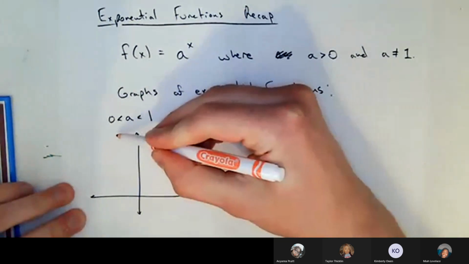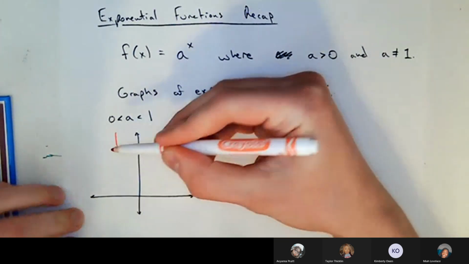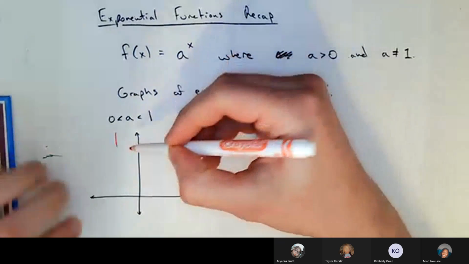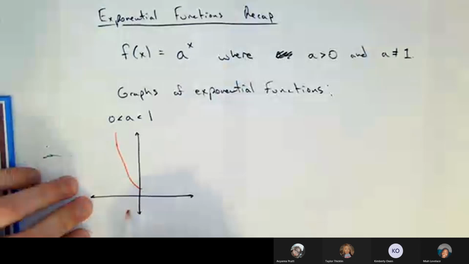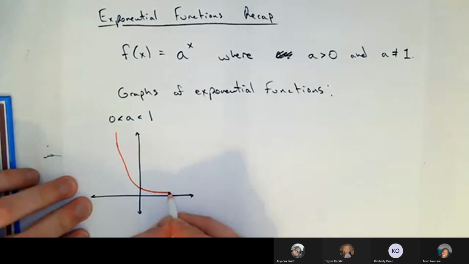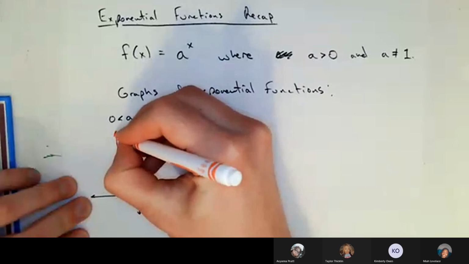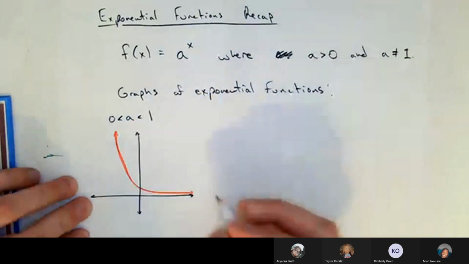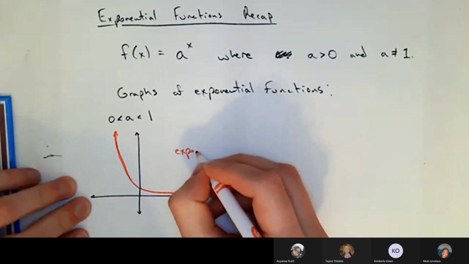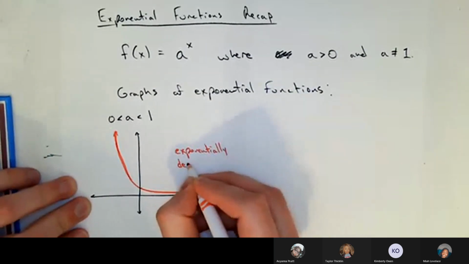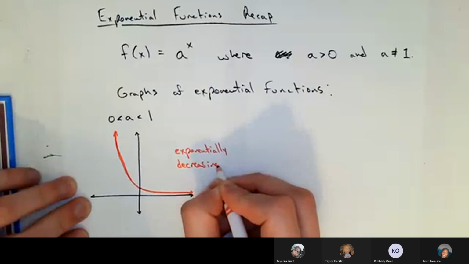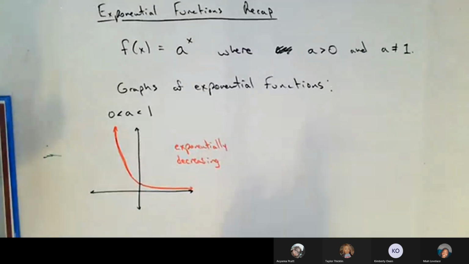They start super high, approaching infinity in the second quadrant, come down, go through that 0, 1 spot, and then tend down to 0 as x gets larger. You might even hear this phrase out of math class: something that's exponentially decreasing.